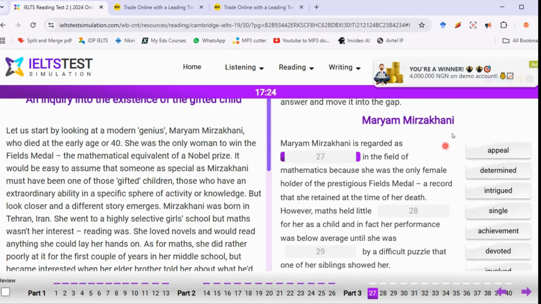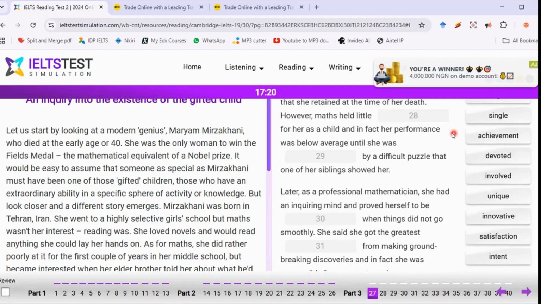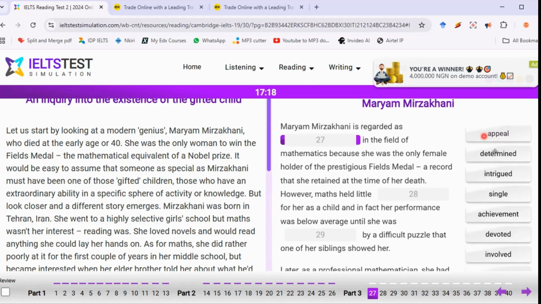Is there anything like gifted in the list? Let me see. Look at the list here. Appeal, no. Determined, determined in the field. No. Intrigued, single, achievement. No. Devoted. Devoted in the field of mathematics.